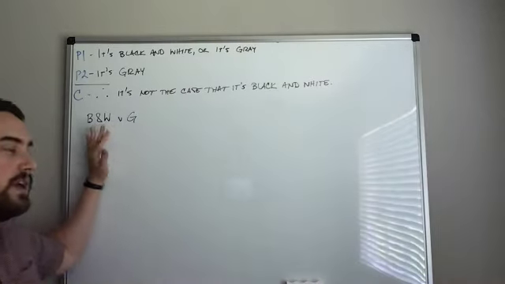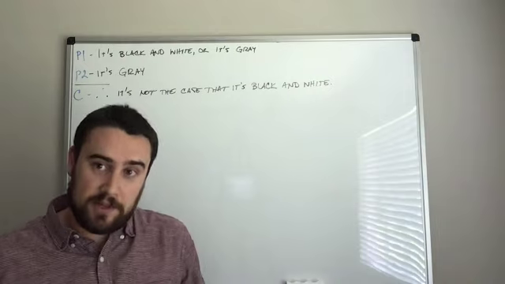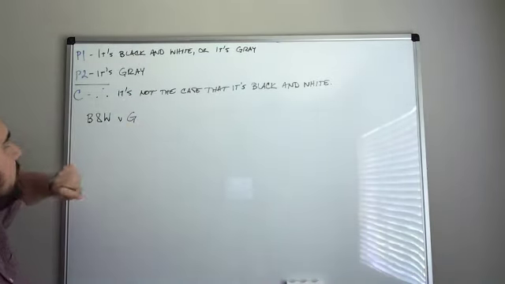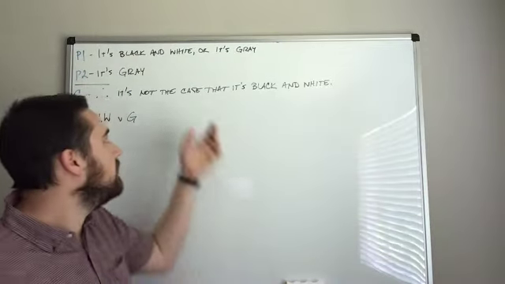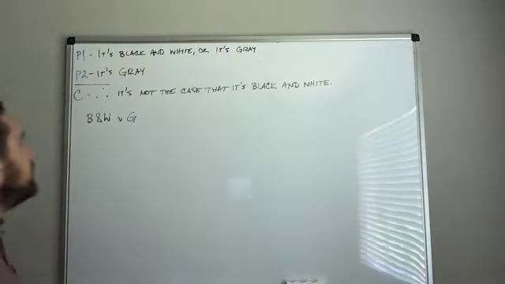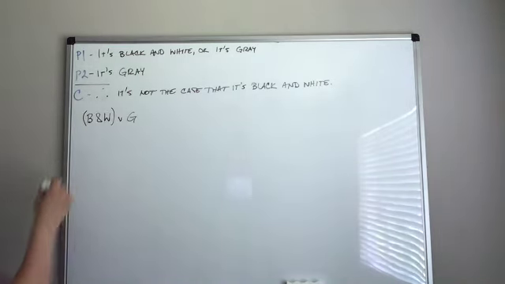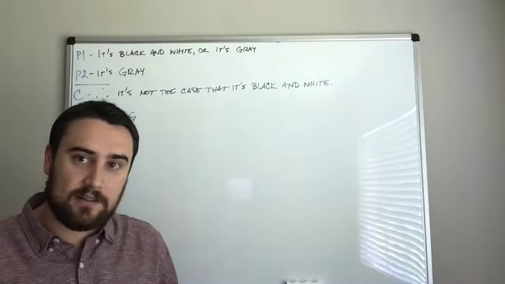How do I know? The comma will indicate to you where to put the parentheses. I think it's fairly clear in this first premise that what's being said is it's black and white together, or it's gray. So we're going to put the parentheses around that it's black and white or it's gray. Again, the comma will be your guide.